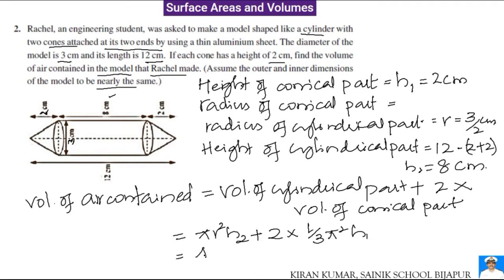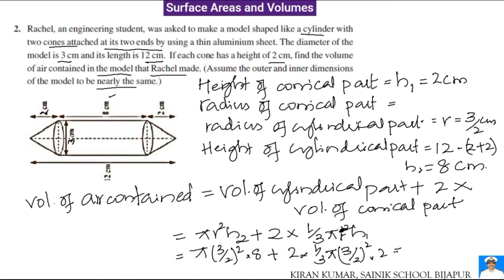Let's substitute pi times 3 by 2 whole square into height is 8 plus 2 times 1 by 3 pi r square, right? This is r square. So pi times 3 by 2 whole square multiplied to 2.